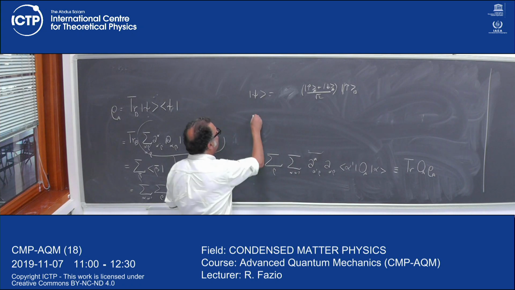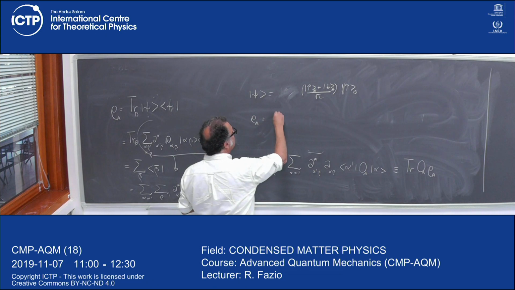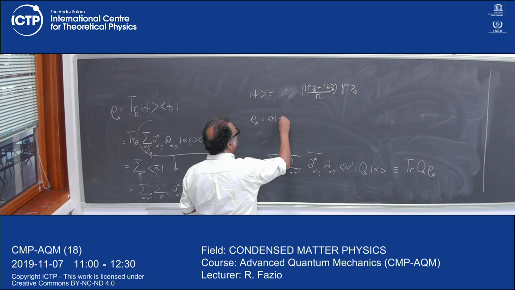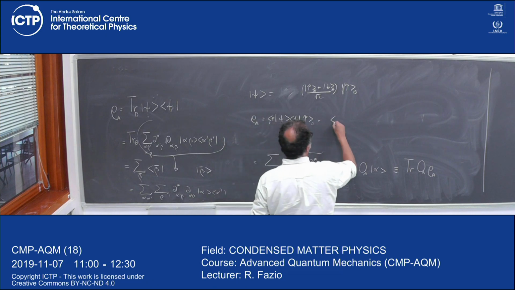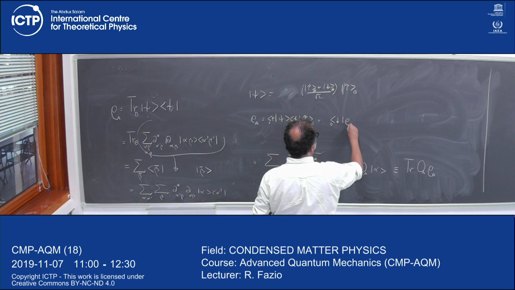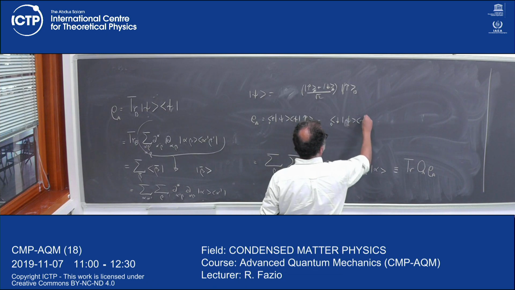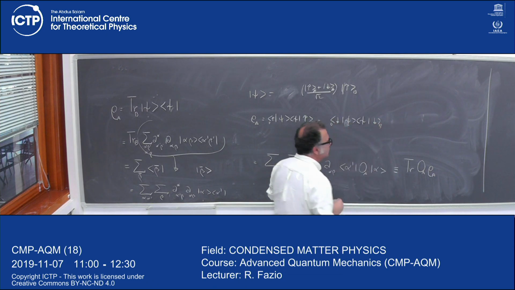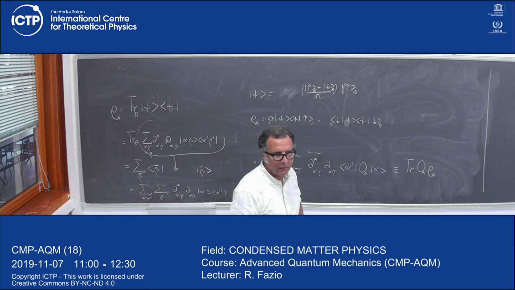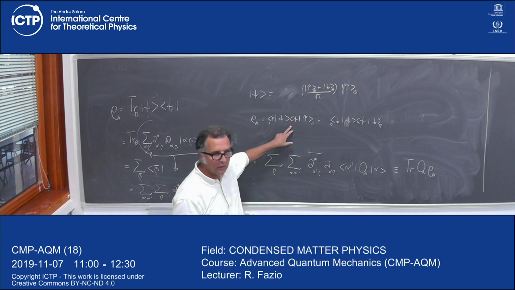So rho A is equal to up B, psi, psi, up B, plus down B, psi, psi, down B. So tell me, what is this term?